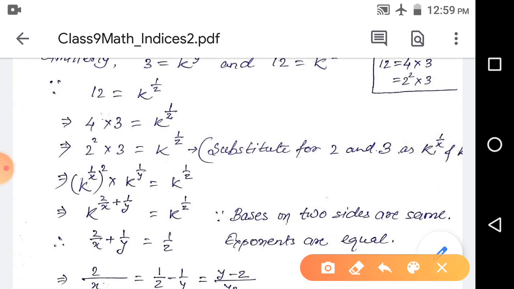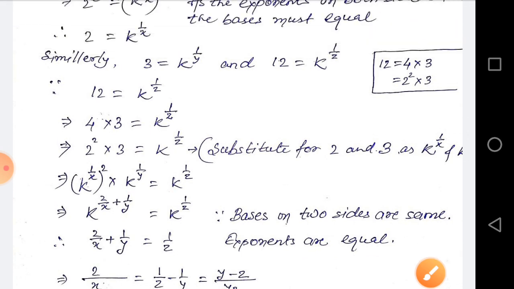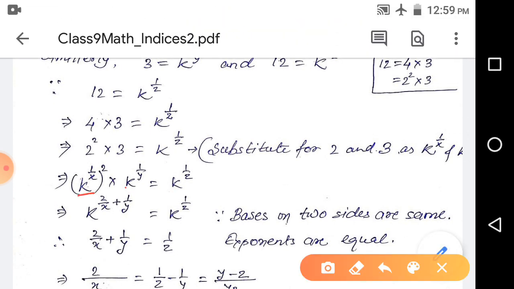You can see, as the bases are same, k and k, so k to the power 2 by x, because here the powers are multiplied. It is 1 by x into 2, it is 2 by x, so the exponents are added, 2 by x plus 1 by y. Okay, and in the RHS we have k to the power 1 by z.